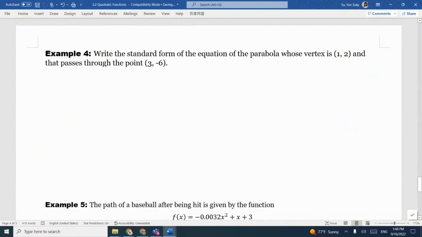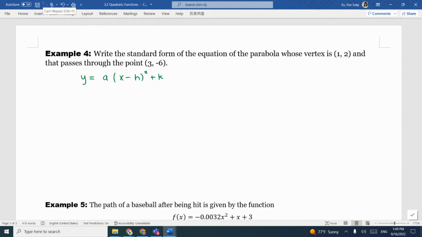Okay, example 4. Write the standard form of the equation of the parabola whose vertex is (1, 2) and it passes through the point (3, -6). Okay, standard form. You gotta remember the standard form, that is a times (x minus h) squared plus k.